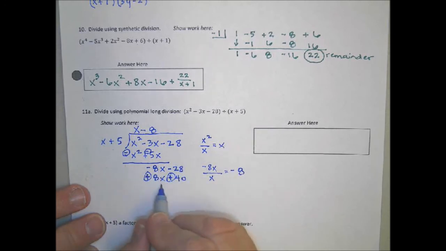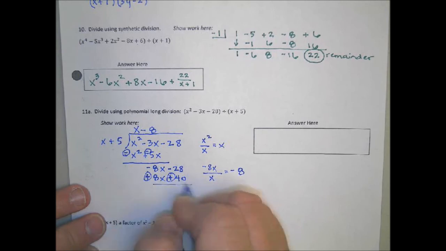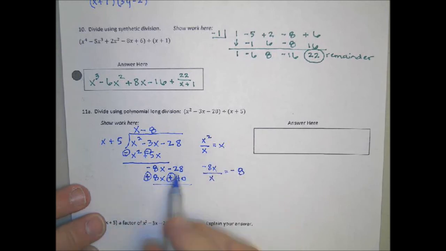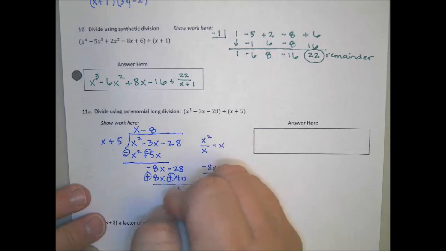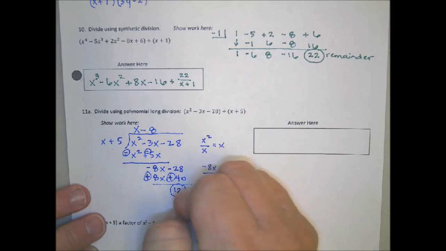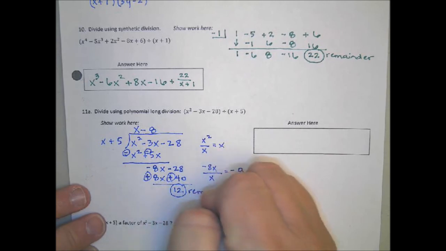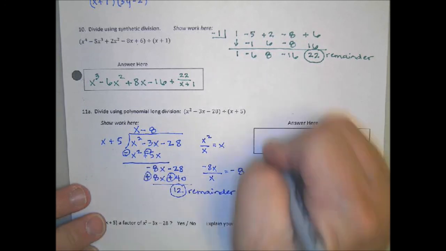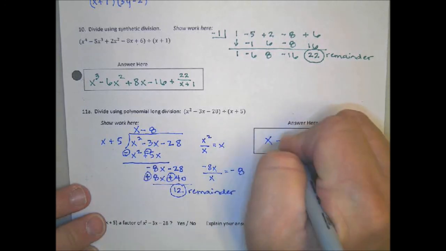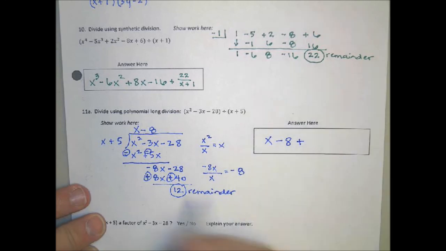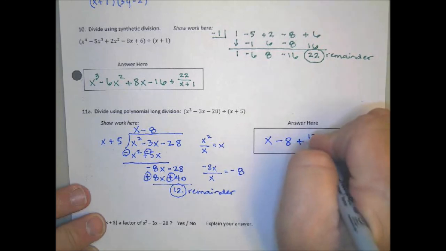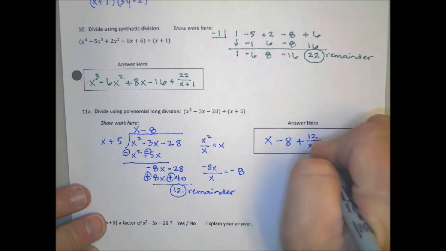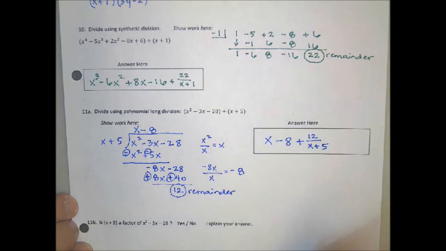These cancel each other out like they're supposed to, and I'm left with a positive 12. -28 plus 40 is positive 12, so that's my remainder. I don't have anything else to come down. So the answer would be x minus 8 plus the remainder of 12 over x plus 5.